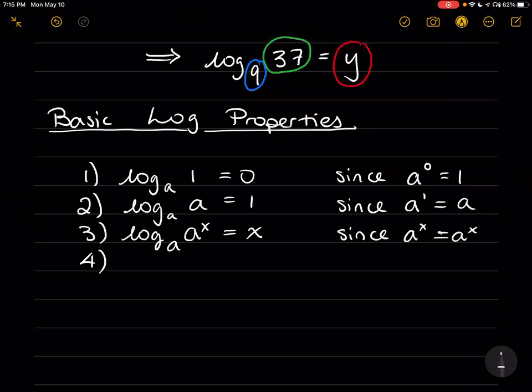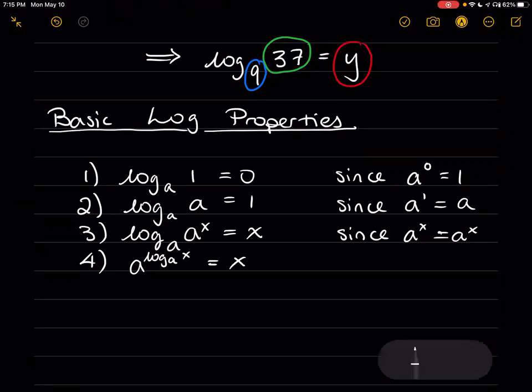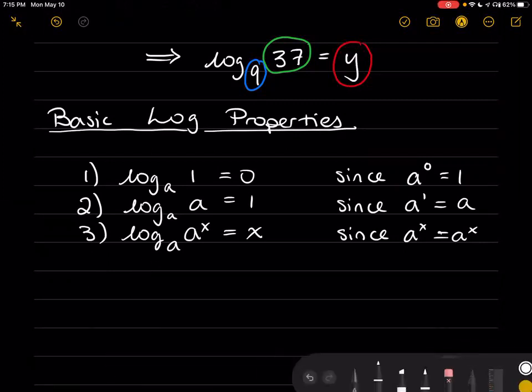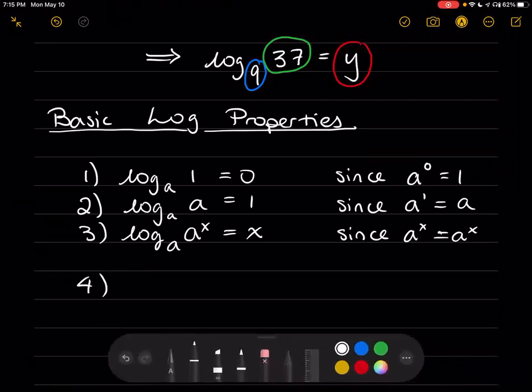And in fact, they can undo each other the other way, right? If we take a to the log base a of x, that's also going to equal x. So let me actually write that on a new line a little bit bigger so you can really see what's going on. So a raised to the log base a of x is equal to x.